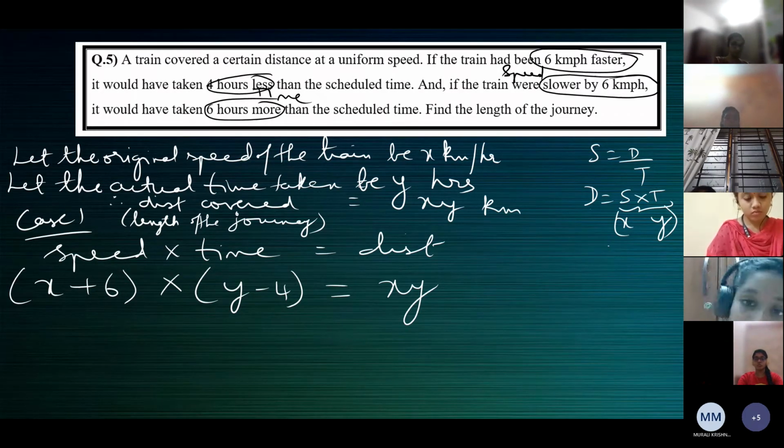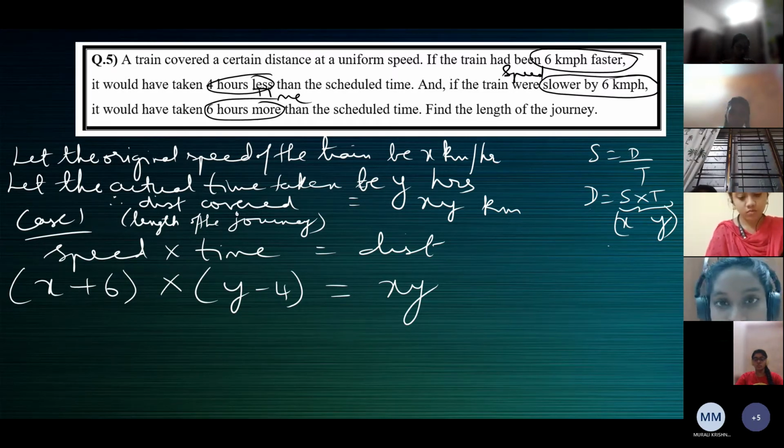Distance will not vary. Speed and time are inversely proportional. Increase in one causes decrease in the other, but that does not affect the distance between the two places. In all cases, distance is xy kilometers only.